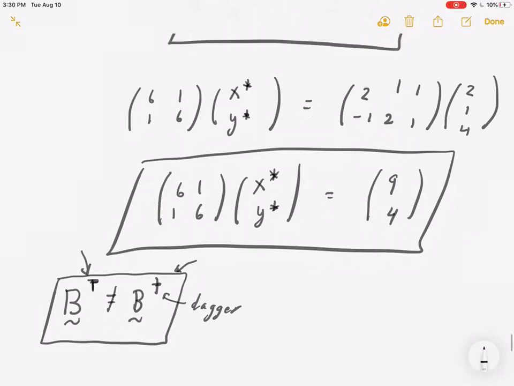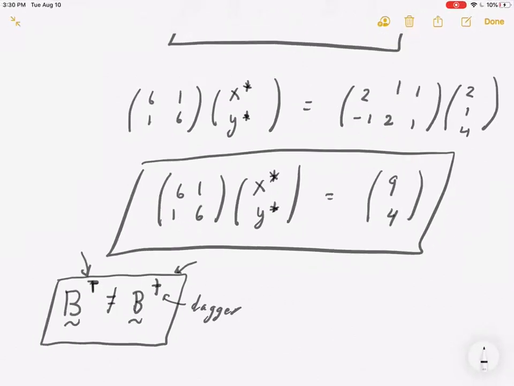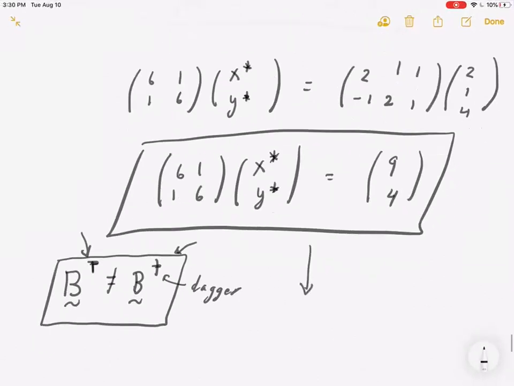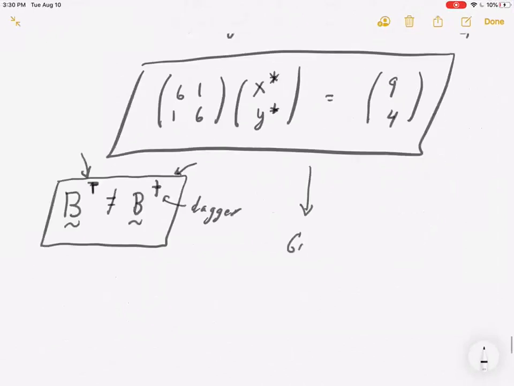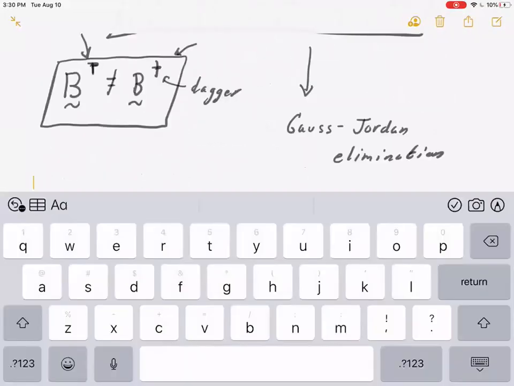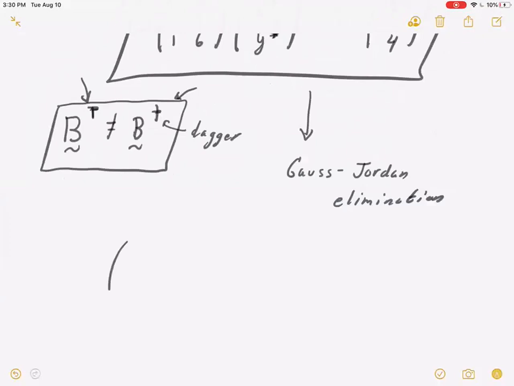Now this problem here we can solve by just using our time-honored trick of Gauss-Jordan elimination. So let's do it. The augmented matrix is as follows.